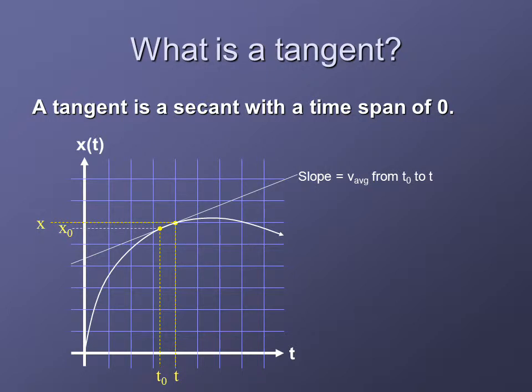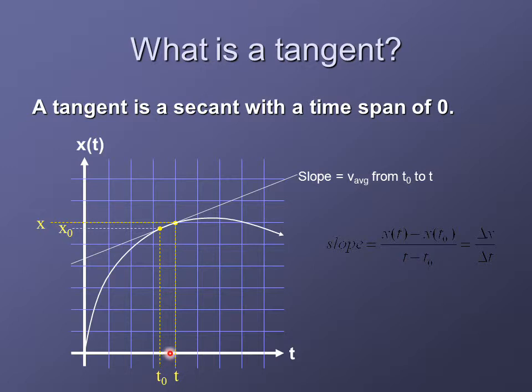And while we still have some non-zero time span, we can say that the slope of this secant is going to be the difference between the two vertical coordinates, in other words, that point minus that point, divided by the difference between the two horizontal coordinates.